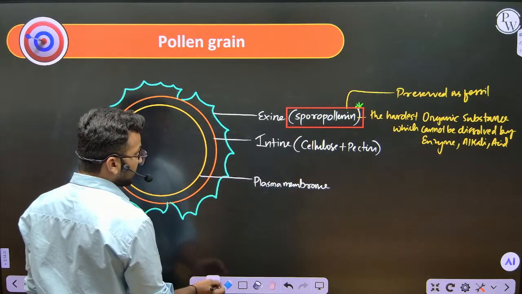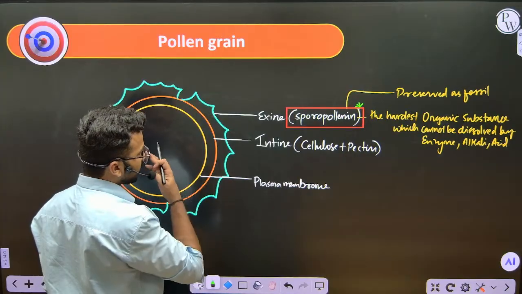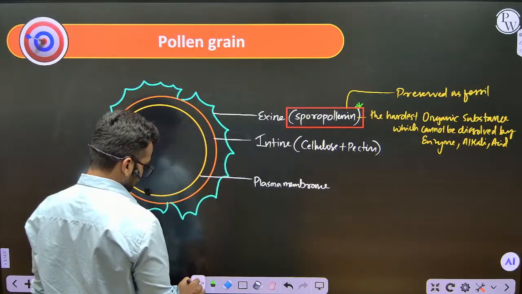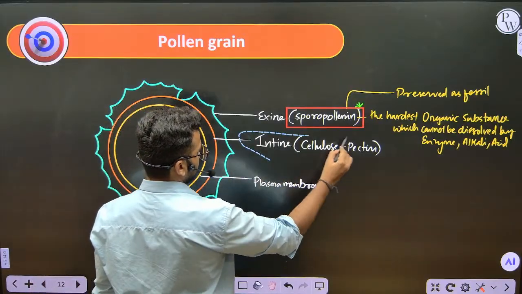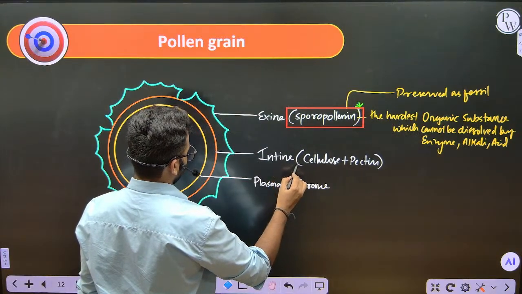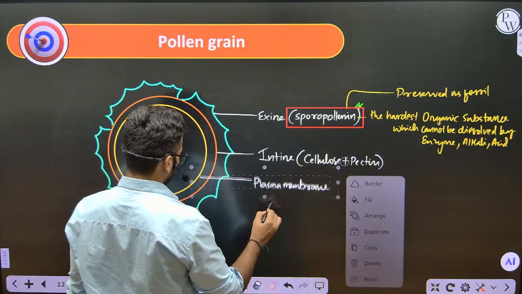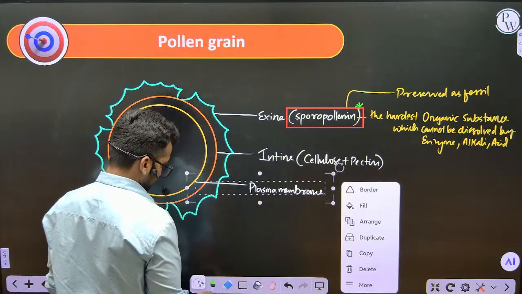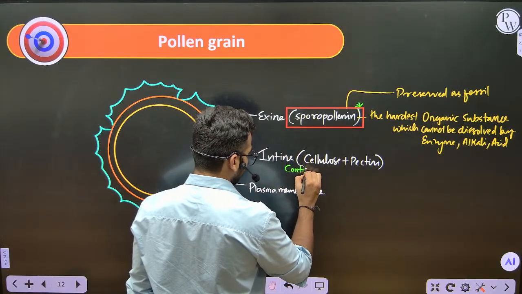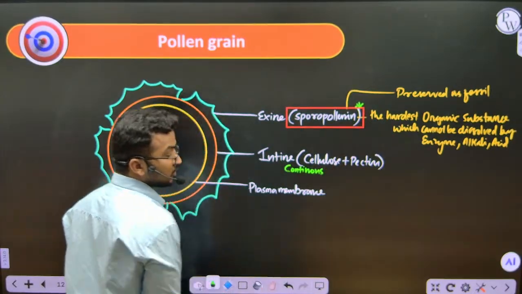See how is the intine here. The lines which I am using, that is also important here. Those are the NCERT lines. See what is intine? Intine is a continuous layer which is made up of cellulose and pectin.